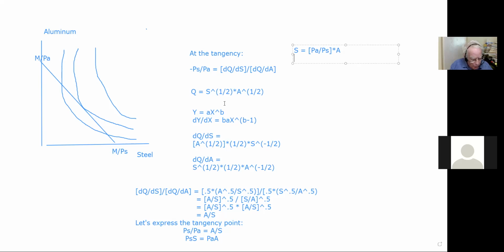But from our isocost line, we know that M is equal to spending on steel plus spending on aluminum.